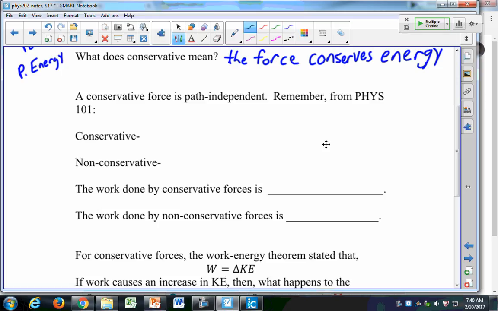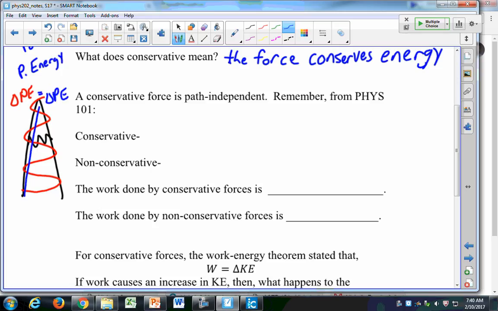Remember we talked about last semester, like we had a mountain and we go up a couple different ways. Like if we go up this way, we gain a certain amount of energy. We have a change in potential energy. And then also if we go up this way, we gain the same amount of potential energy, that those two are equal.